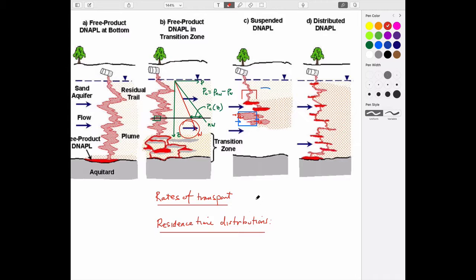We know that rates of transport, we can calculate the Darcy velocity. So if we want to get the mass rate of transport, I'll just write it out, it is going to be equal to the Darcy velocity multiplied by some cross-sectional area multiplied by concentration.